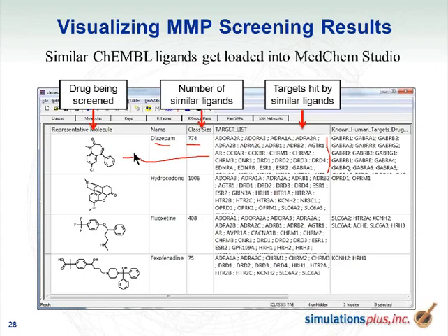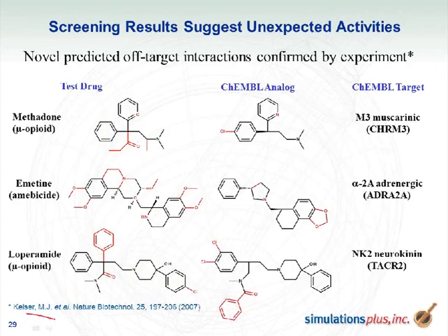Okay, so if we look at 3 specific queries and hits from those queries, and these were mentioned in this Nature Biotech article in 2007. We see that methadone, which is a mu opioid agonist, matches this M3 muscarinic receptor. So it's likely that this will also hit the muscarinic receptor.